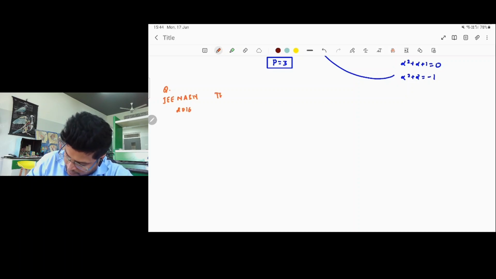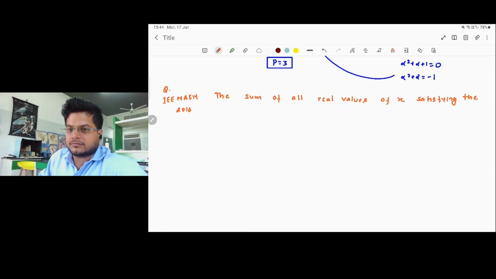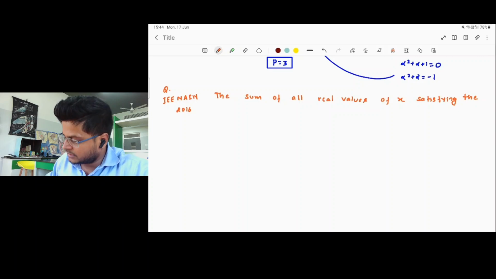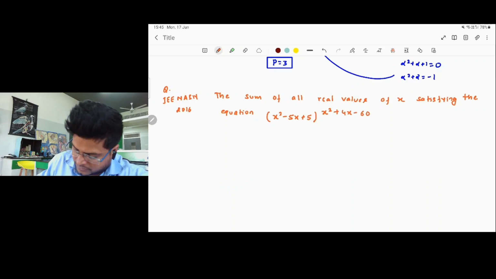The sum of all real values of x satisfying the equation x square minus 5x plus 5, whole to the power x square plus 4x minus 60, equals 1 is.